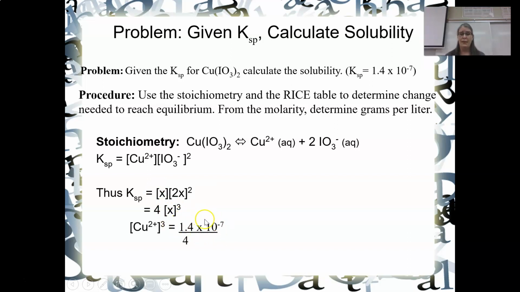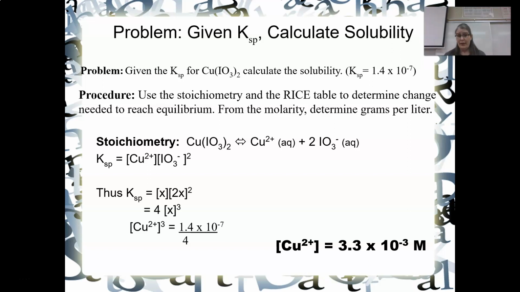So I could put in my KSP number. I would divide that by 4. And then I find that that is the concentration of the copper ion cubed. So I could take the cube root of that. If I take the cube root of that, I find that it's 3.3 times 10 to the minus third, and this is all KSP in concentration, so this would be a molarity.